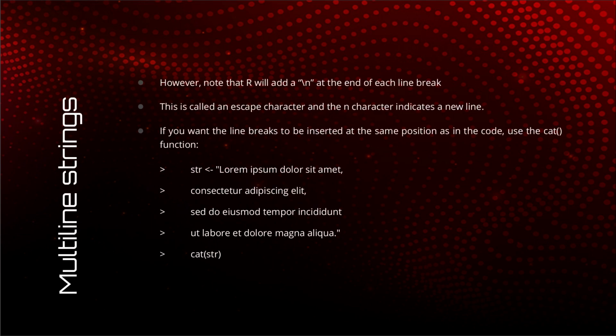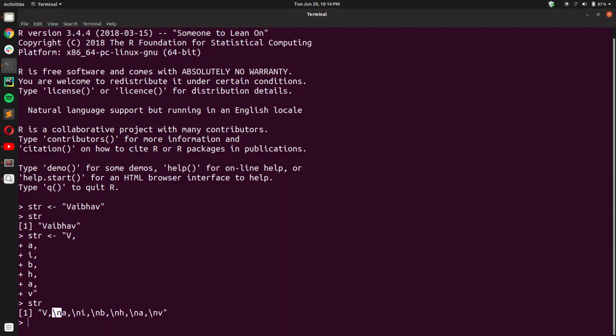Backslash n is the new line character, wherein the backslash is the escape character and the n character indicates a new line. So what if we wanted to view this string on multiple lines like we had initially declared it, and not on one line with line break characters?